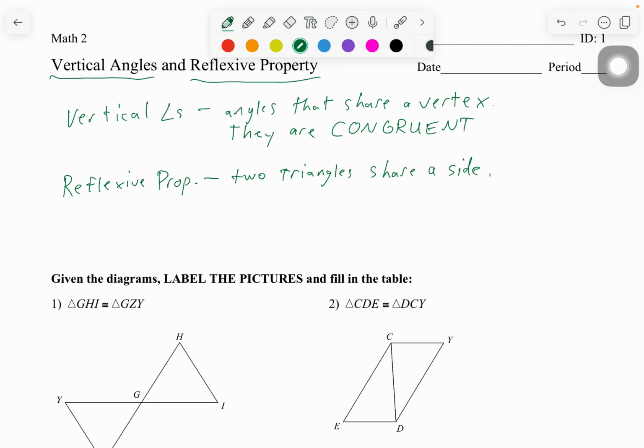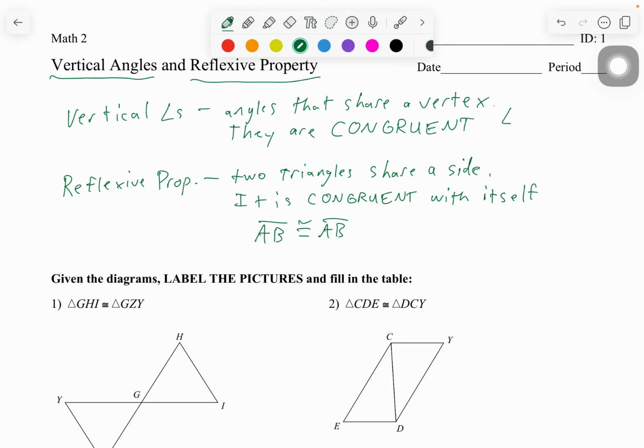The side is congruent with itself. Like AB is congruent with AB. Okay?